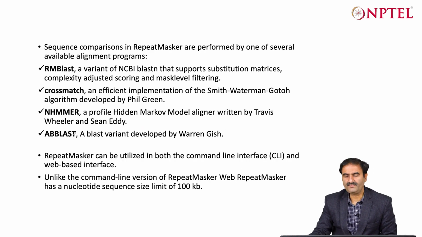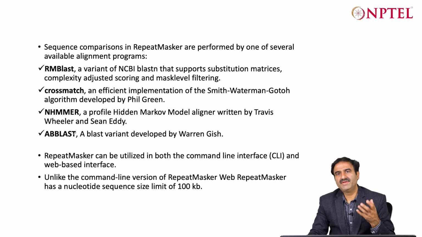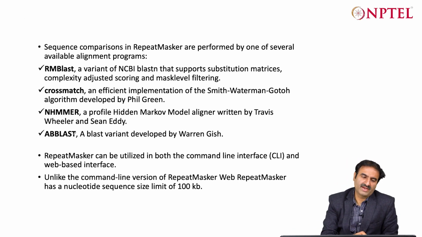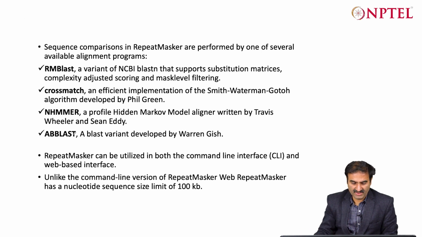Basically, to map the repeats, it uses a library of repeats, maps it on your genome and then masks your genome. It uses various programs such as RMBLAST, crossmatch, NHMMER, which is hidden Markov based, or ABBLAST, which are different variants of BLAST to do quick and faster mapping and annotation of repeats on the genome, right?